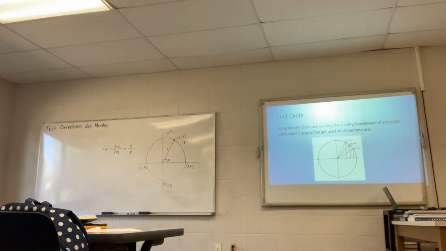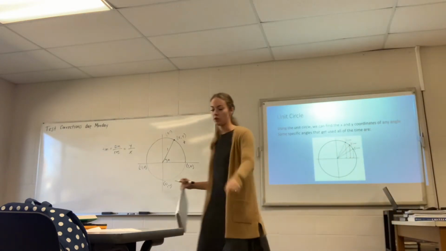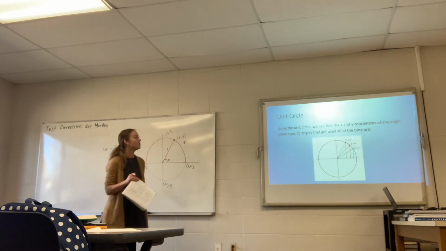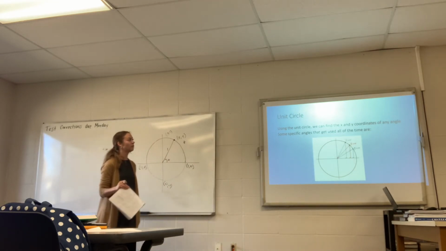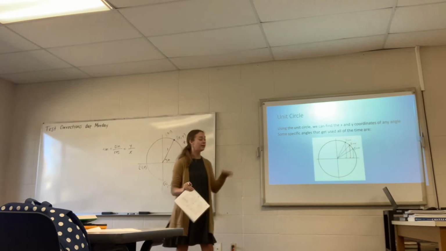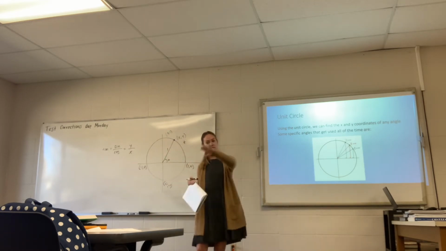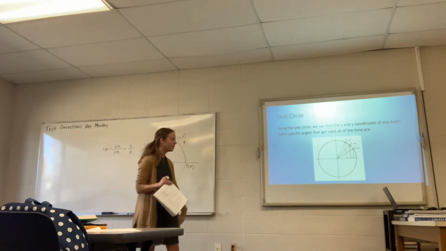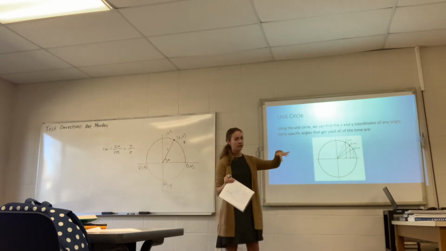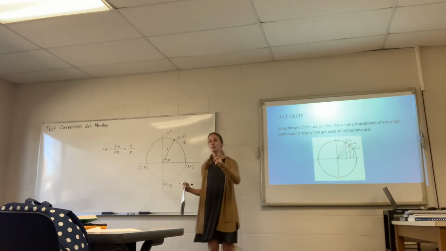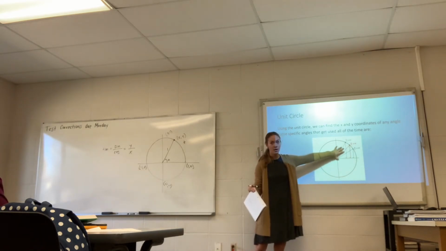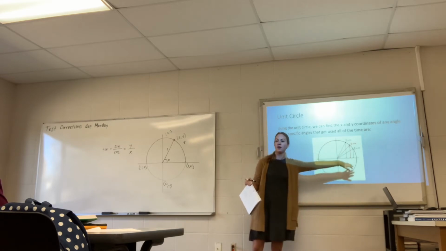Okay, so the unit circle. There are some specific angles on our unit circle, hence in your picture you have all these specific angles. It says using the unit circle we can find the x and y coordinates of any angle, but the specific ones that we're gonna use for most things are gonna be on that circle. Every quadrant, because we're gonna use reference angles quite a bit, these angles right here are the same, but they might just be negative in the other quadrants.